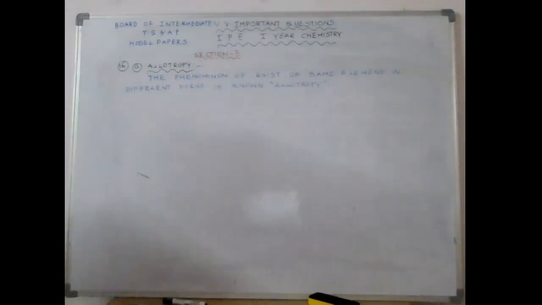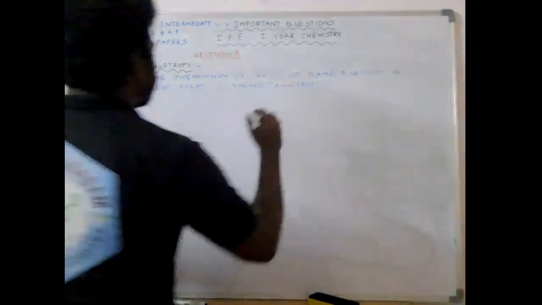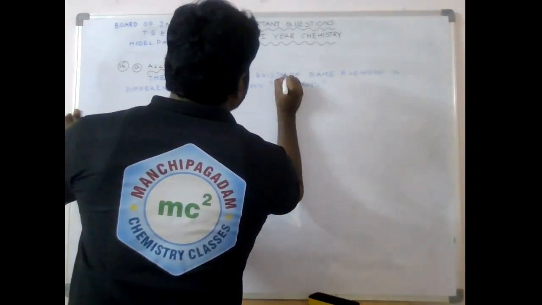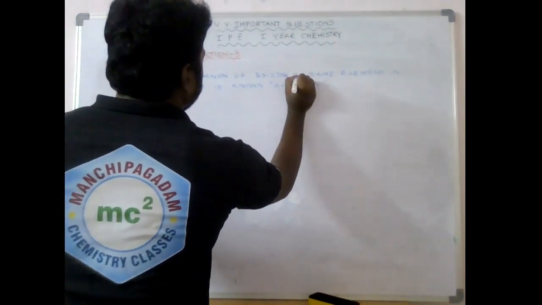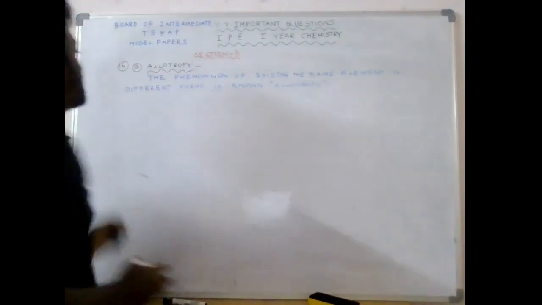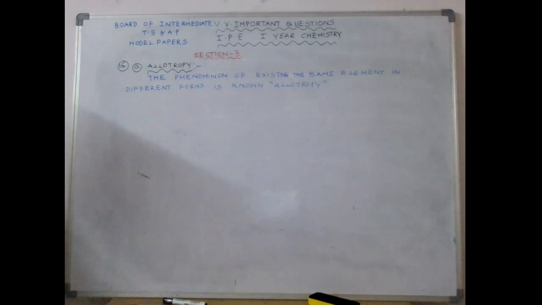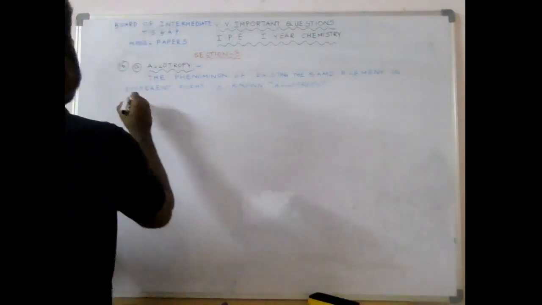The phenomenon of existing of the same element in different forms is known as allotropy. Example you can take, just as I told you, carbon contains how many types of allotropes? 2 types.